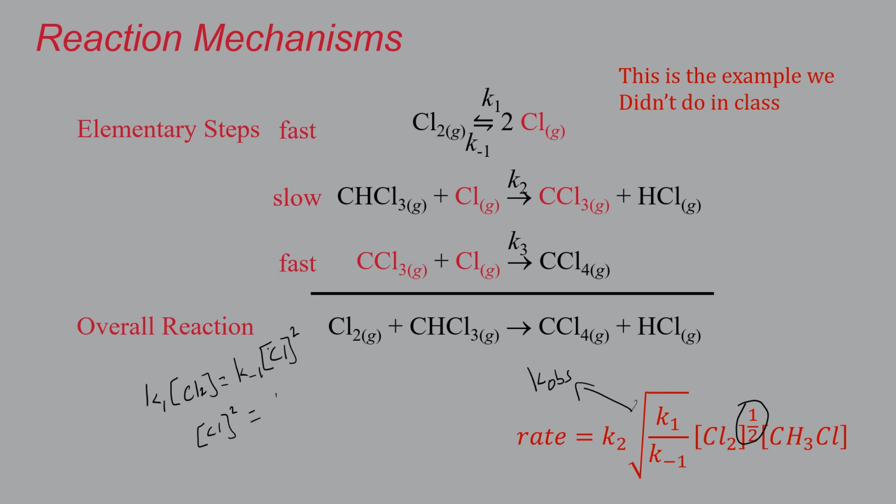So Cl squared is going to be equal to K1 Cl2 over K negative 1, which means that the concentration of chlorine atoms is going to be equal to the square root of K1 over K negative 1 times the square root of the chlorine molecule concentration, which I'm just going to write as to the 1/2 power, and that is where all of that comes from. All right, chapter 13 down, or 14.